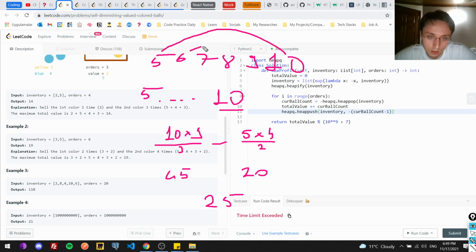This is 15. But do I include 5? I think we included. This should be normally, yeah, this is 45 actually. Okay, from 5 to divided by 2. Ninety divided by 2, 45.